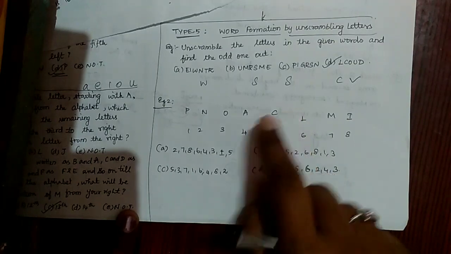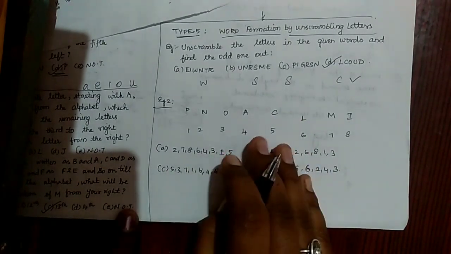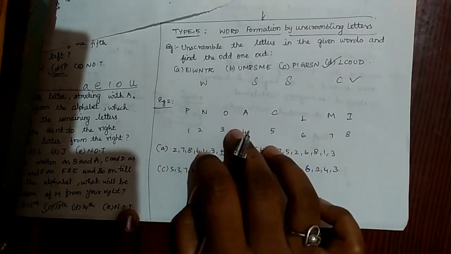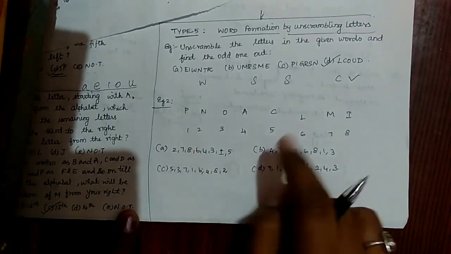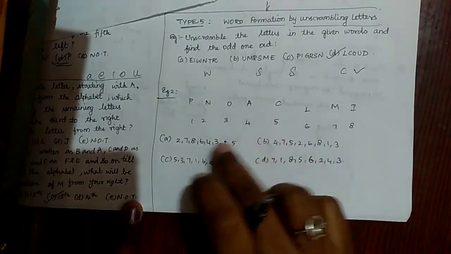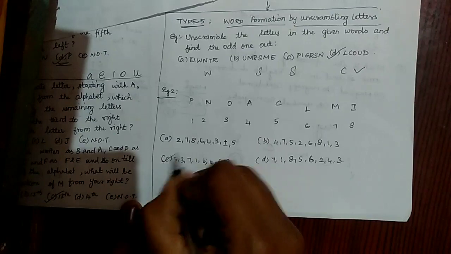So option C, starting with 5, should be the correct option. There is no need to check all these numbers against the letters. If all the options had the same first letter, there would be a need to check the second letter, third letter, like that. But as there is only one option starting with 5, this is the option.